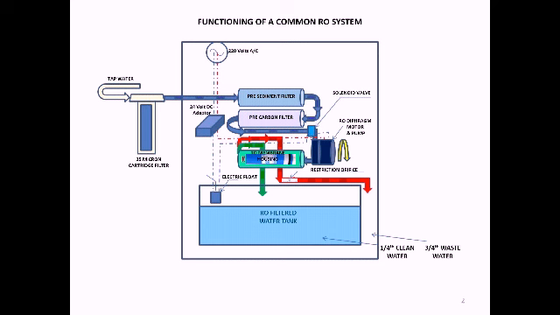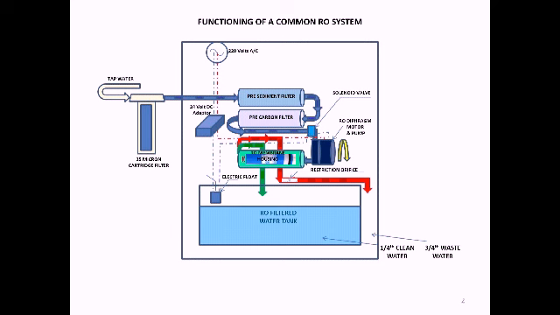And from this 25 micron cartridge filter, the water is pushed to the inside housing of the RO, wherein the first segment is the pre-sediment filter. So water from the filter is fed into the pre-sediment filter.